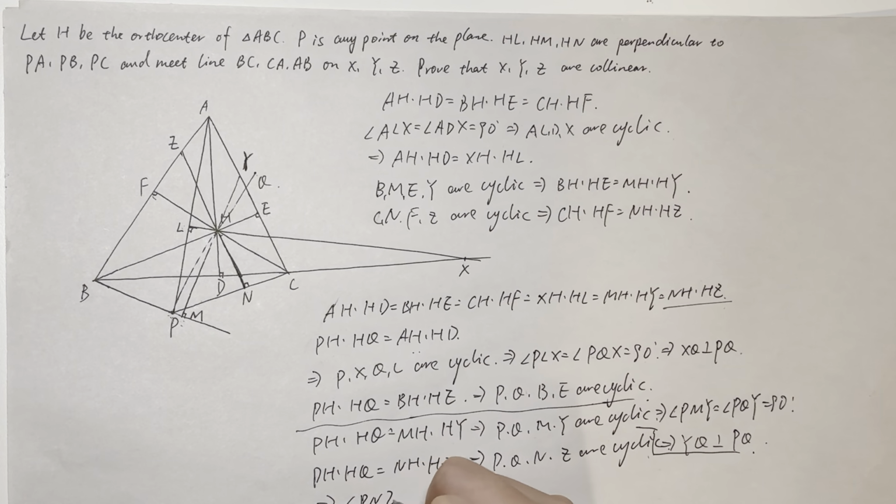Angle PNZ equals angle PQZ equals 90 degrees, which means ZQ is perpendicular to PQ.